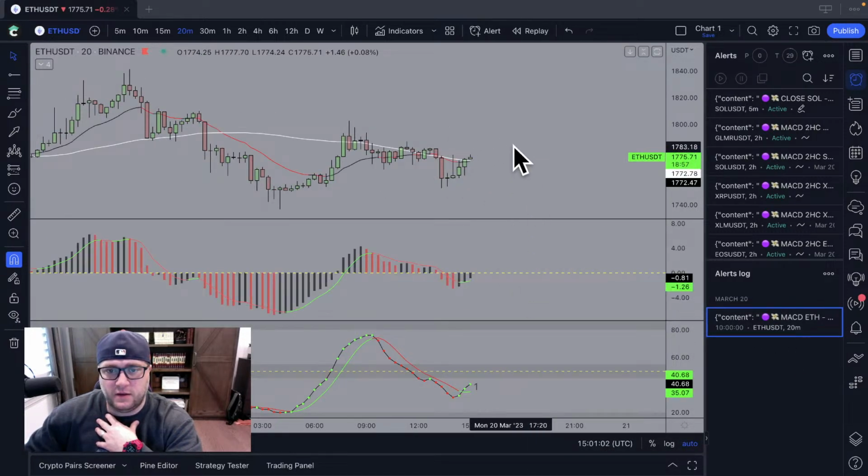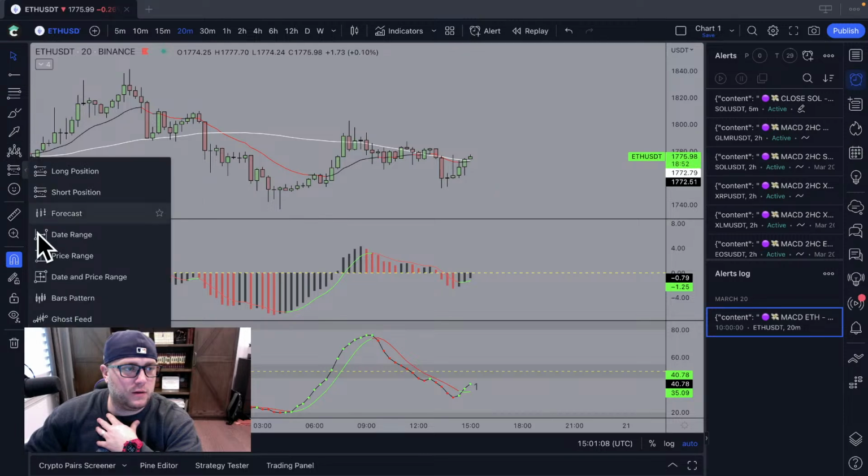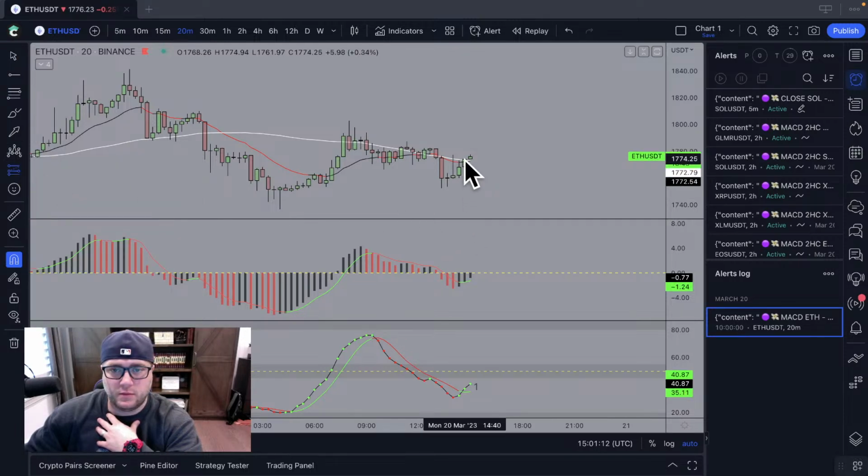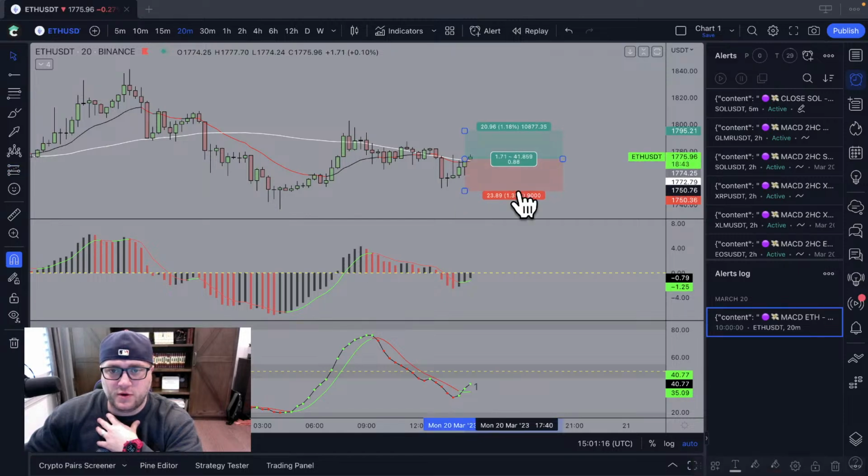This is Ethereum. We have both of them pushing up. This would be a good entry for a quick position. We wait for our entry to go back down there, and we want to target 1-to-1, and we can see that we're trying to push up.